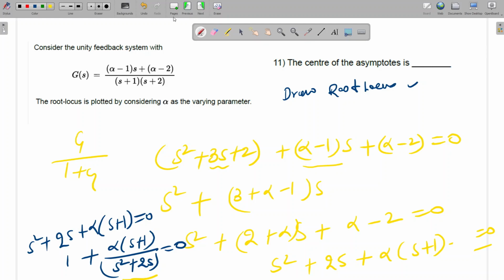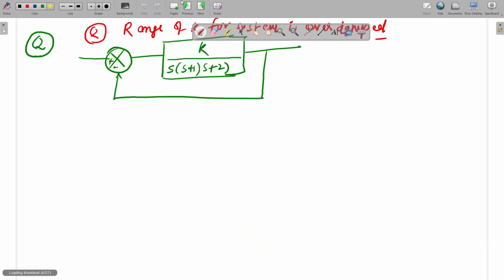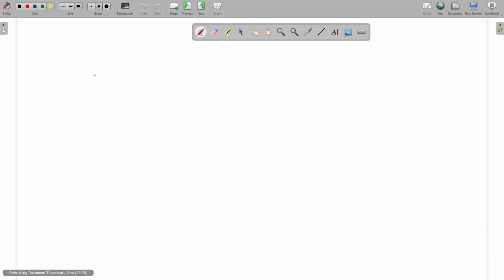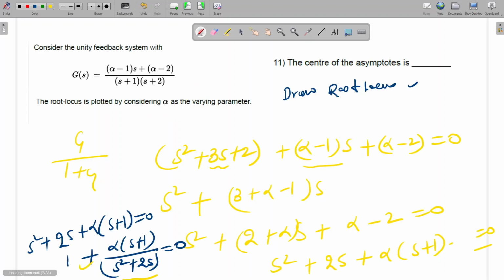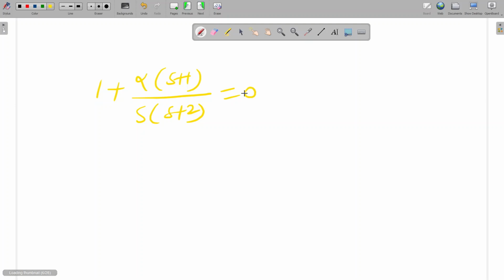So what will be our G(s) here? Our actual transfer function is 1 plus alpha into (s plus 1) divided by s into (s plus 2). I have already written this here. So what will be the root locus here?